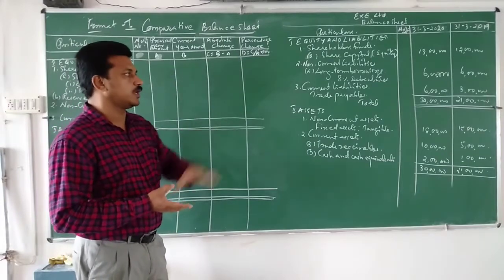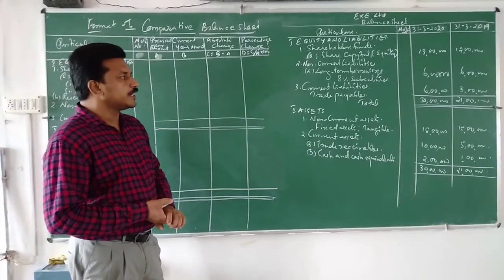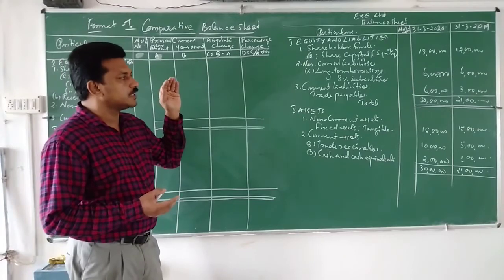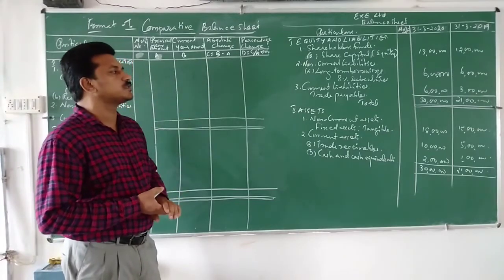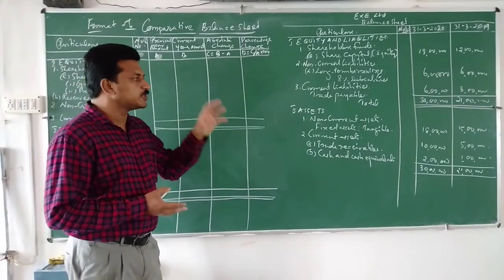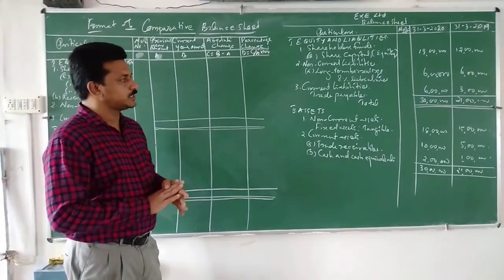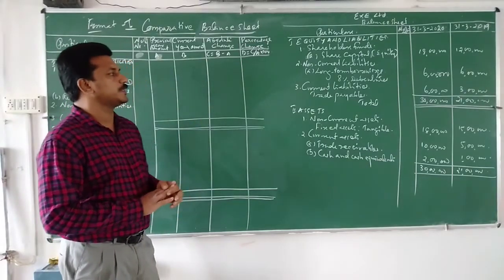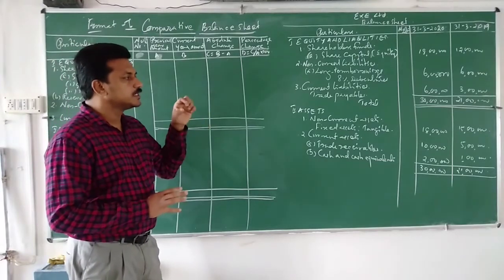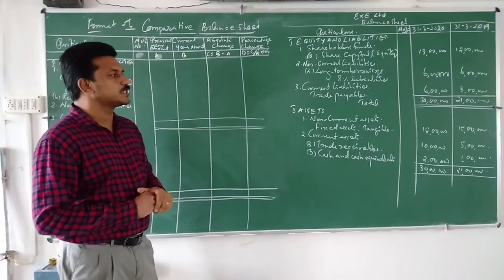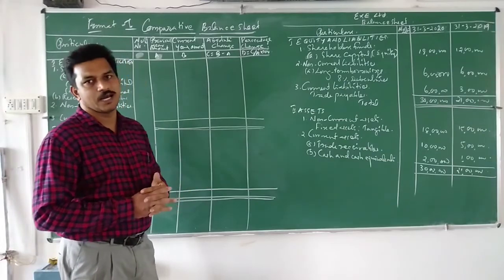And non-current liabilities, in that long-term borrowings, debentures are given 6 lakh each. There is no change for 2020 and 2019. And current liabilities for 2020 6 lakh, 2019 3 lakh.